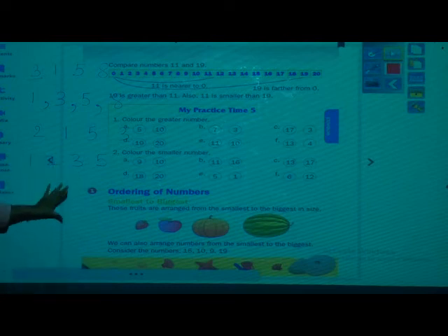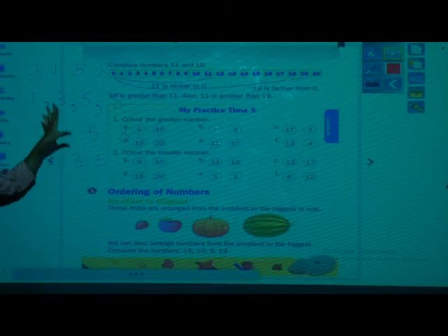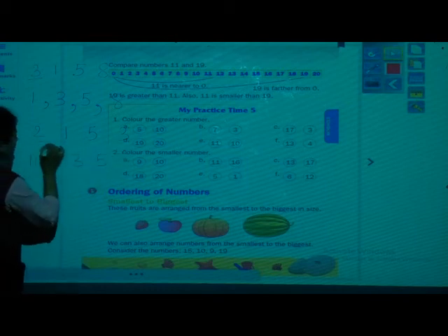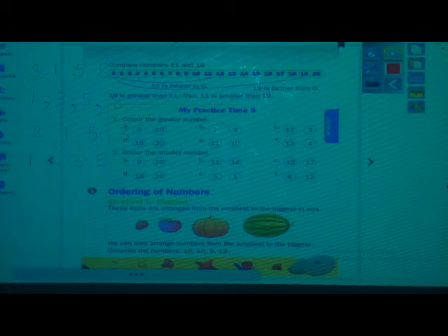Okay. Now students, while ordering the numbers, what did I do? देखो, मैंने जब numbers लेने के लिए शुरुआत की, तो मैंने पहले कौन सा नंबर लिया? Yes, 1, फिर 2, फिर 3 और फिर 5.